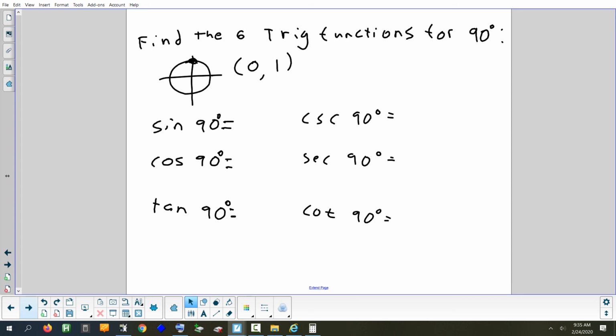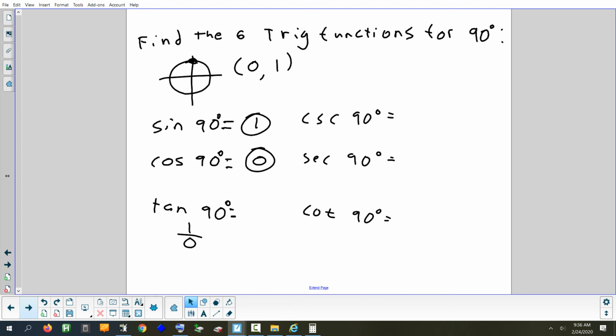So Sam, what is my sine? 1. So the sine of a 90-degree angle is 1. Sheridan, what's my cosine? 0. And Nick, the formula for tangent is what again? Y over x. So basically, just look at the 2 you just wrote above it. 1 divided by 0.